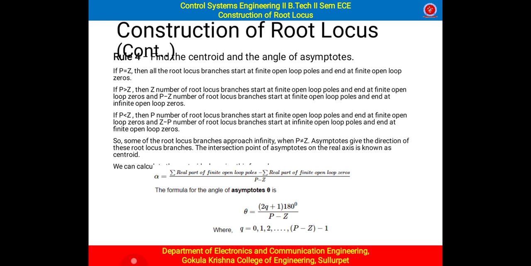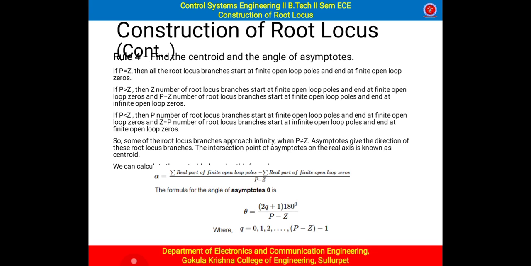The intersecting point of asymptotes on the real axis is the centroid. Actually, the poles and zeros lie on the real axis, so a branch should come from infinity, or a branch should go towards infinity. That time the angle of asymptotes is required.